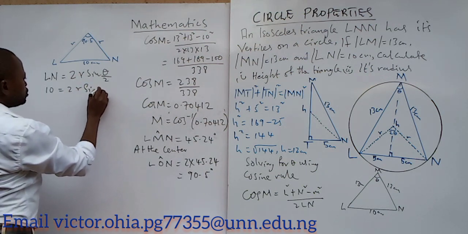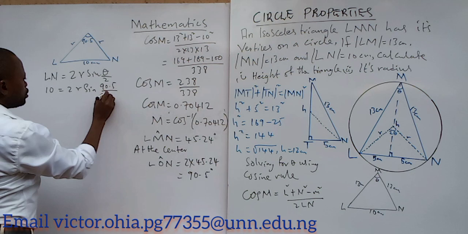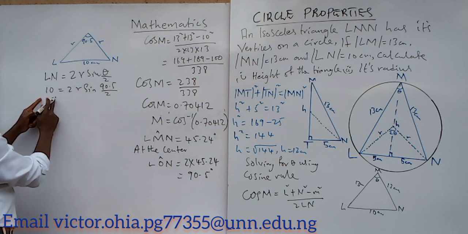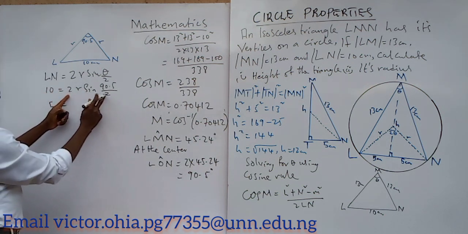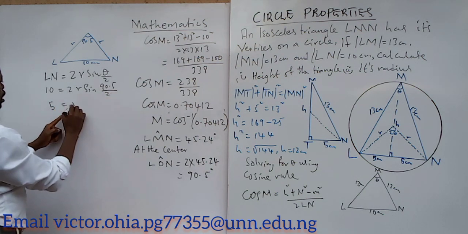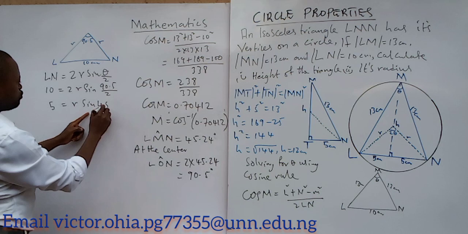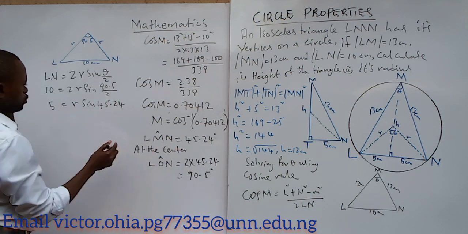Then sine 90.5 over 2. So I want to divide both sides by 2 here. So here will be 5 equals to, these 2 will disappear on this side, and I have r sine. Half of this is 45.24. We have seen it before.